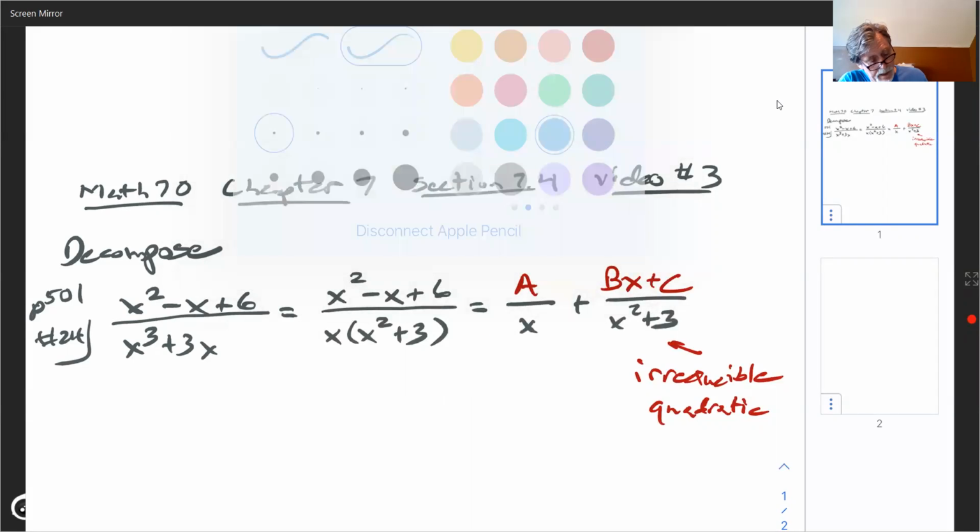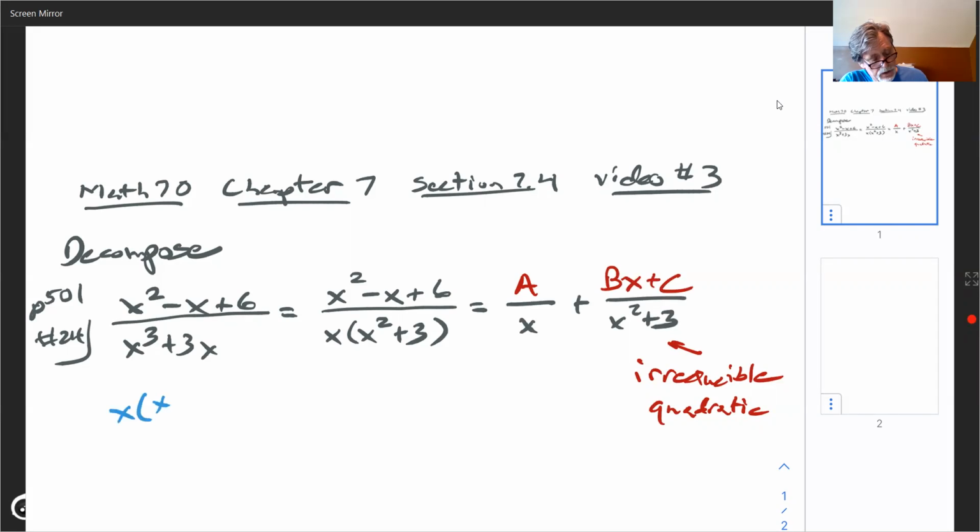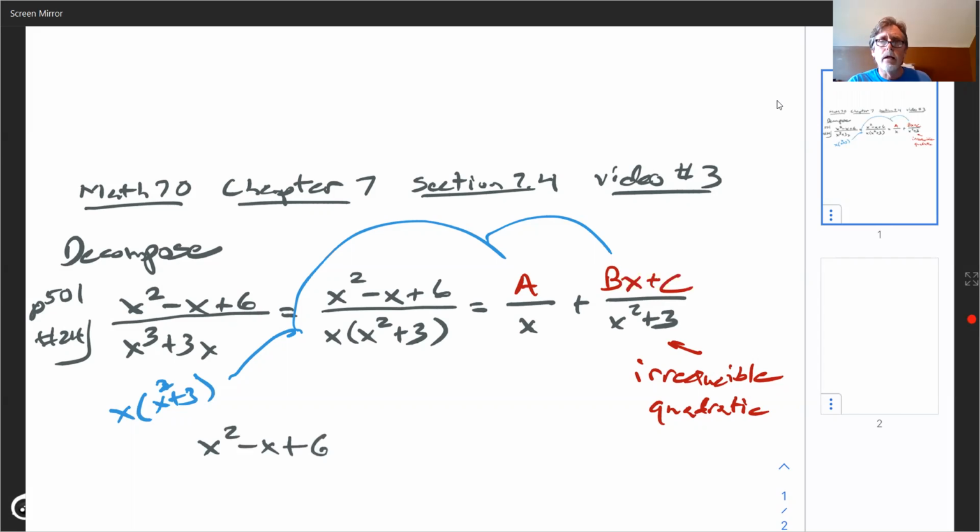Okay. Now, I don't know how you are with clearing those fractions, but what happens is you come along and you multiply by x and x squared plus 3. Okay. And it hits here, and here, and here, and you're going to be clearing fractions. So I save a little bit of ink, and I do that kind of mentally. What happens is it clears the entire denominator on the left. Okay, gone.